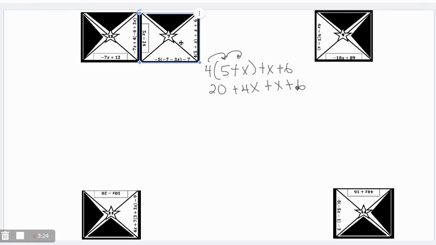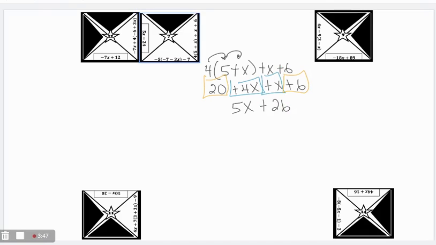Now I'm going to combine like terms. So I can put together 4x plus x. That's going to give us 5x. And then I can also put together 20 and 6. So 20 plus 6 is going to give us 26. So I get 5x plus 26.